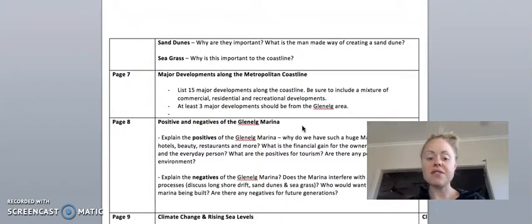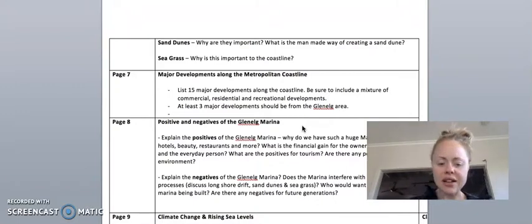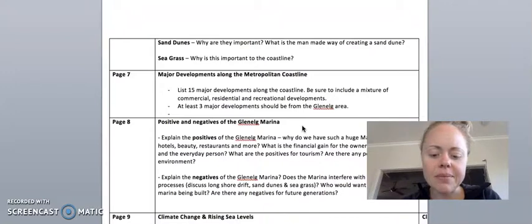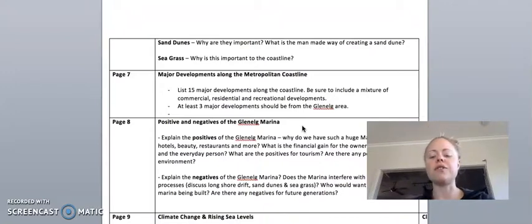So we're just looking for different things that exist: different restaurants, hotels, accommodation, boat ramps, surf life-saving clubs, big popular jetties.